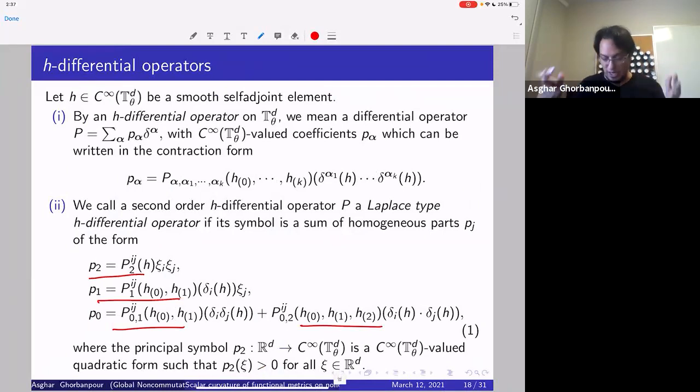Some work has been done there, but the good thing is that by bringing the contraction form to the first step, you start working with differential operators whose coefficients are in the contraction form. Basically, everything you get is this side of symbolic calculus.